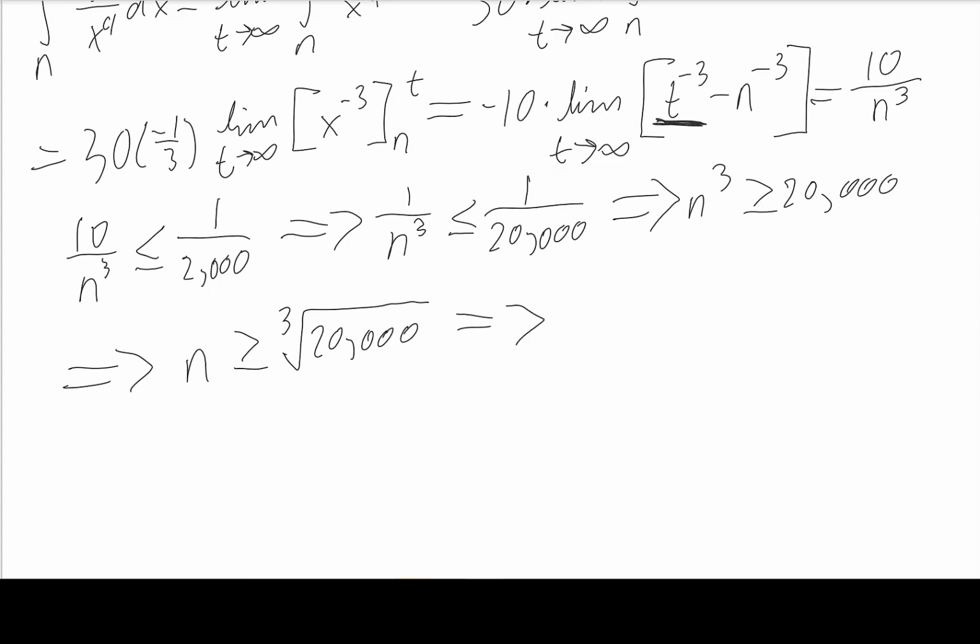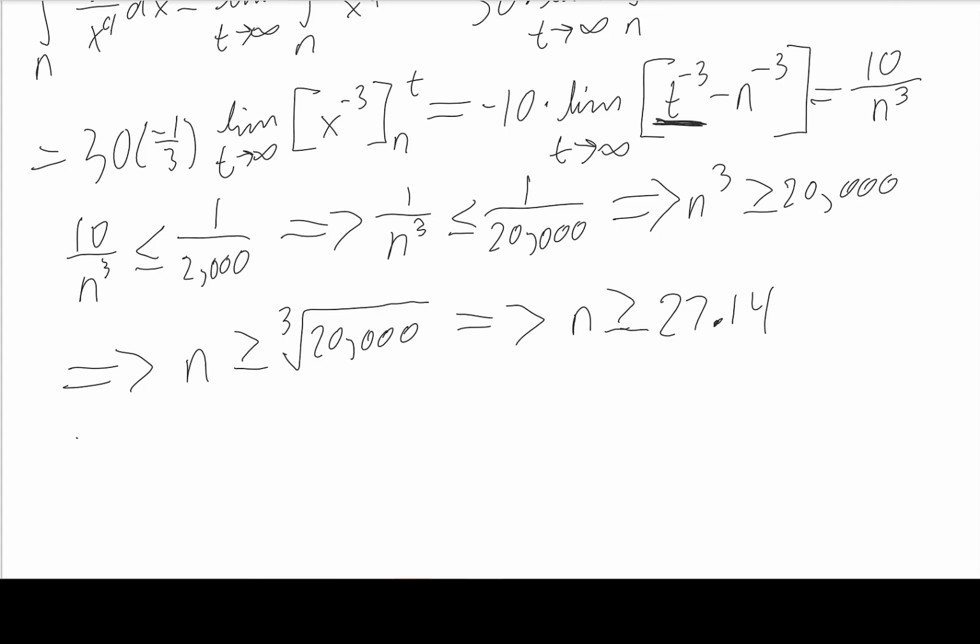And using a calculator, we would get that n needs to be greater than or equal to 27.14. So then the smallest whole number that will satisfy this inequality is 28.